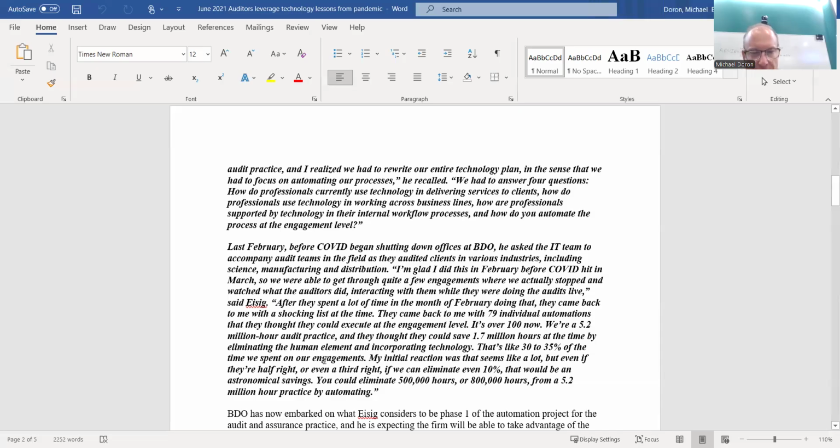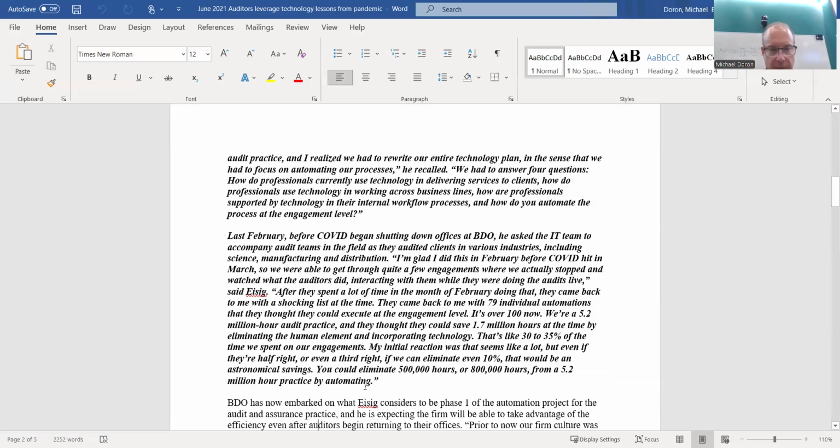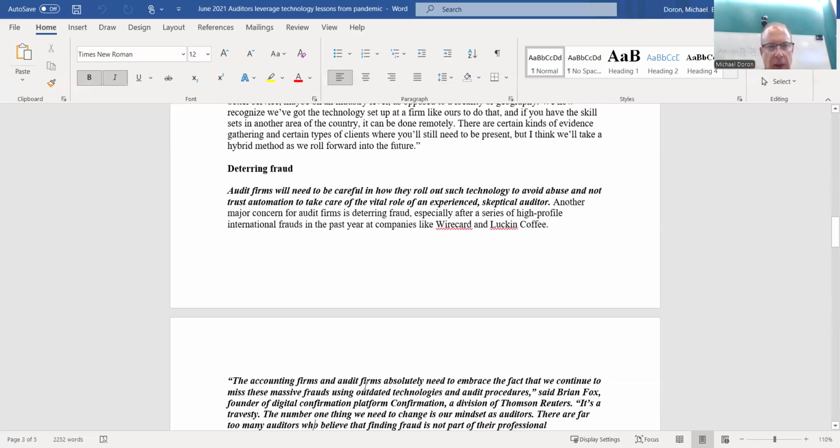But even if they're half right or even a third right, if we can eliminate even 10%, that would be an astronomical savings. You could eliminate 500,000 hours or 800,000 hours from a 5.2 million hour practice by automating. Okay? So they're saying there's a lot of processes out there. You can help the client or even your audit practice by automating them.